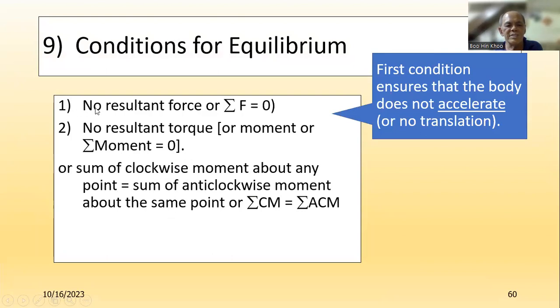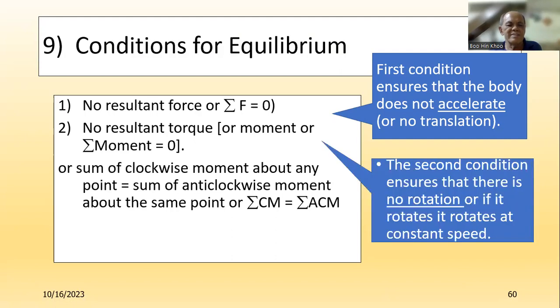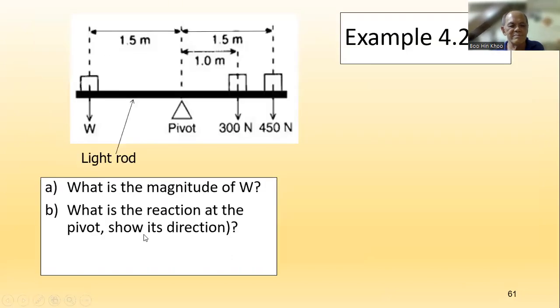This first condition, no resultant force, ensures that the body does not accelerate. That means it is stationary, or if it moves with constant velocity, it doesn't accelerate. Okay, the second condition ensures no resultant torque. Second condition ensures that there is no rotation, or if it rotates with constant speed, the speed doesn't increase with time. Or we call it angular acceleration.